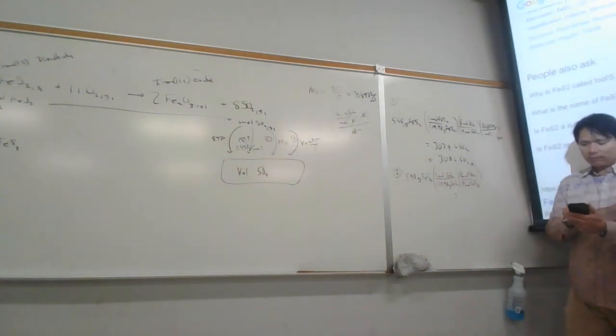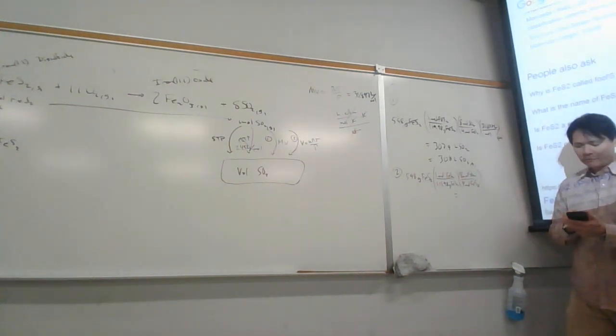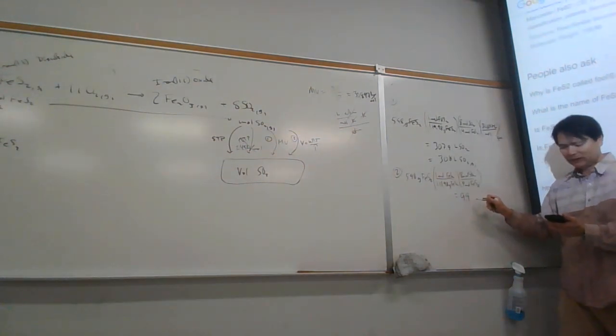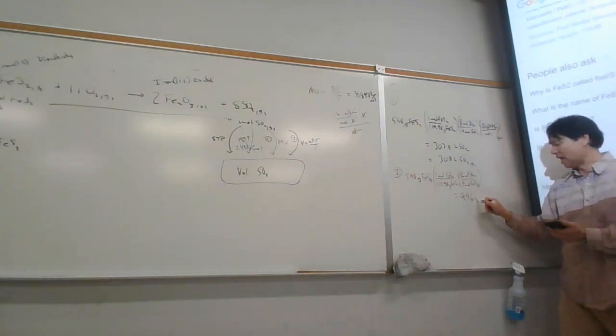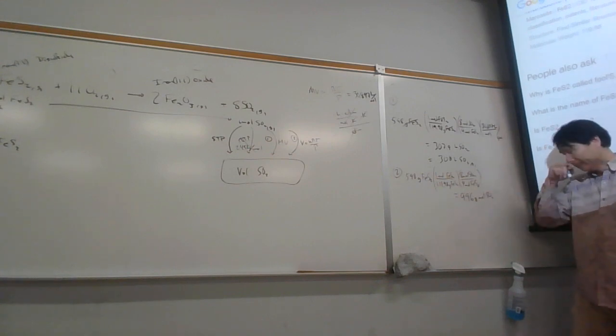So that's going to be 598 divided by 119.98 times 8 divided by 4. And so that gives me 9.968 mole of SO2.